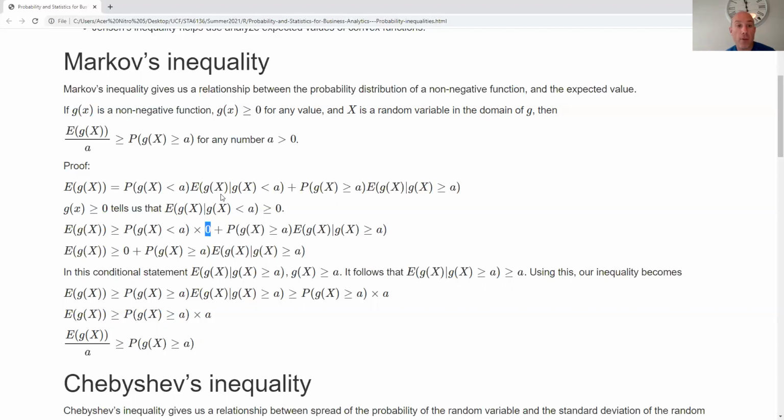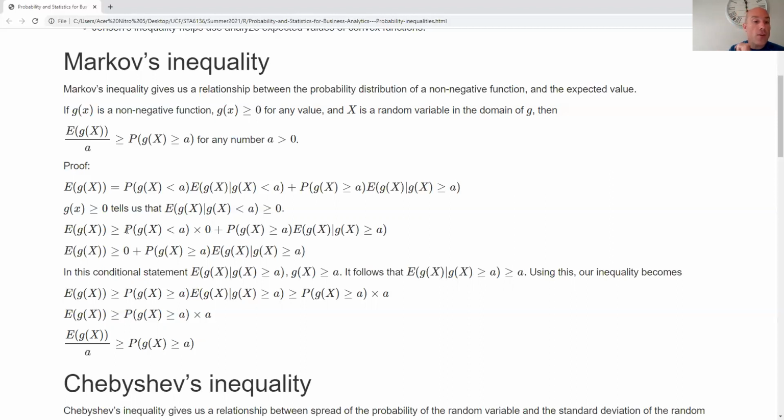Okay, so that tells me that the expected value, so here we have the equal to all this stuff here. I replace this part, therefore everything on the right is less, which means that this has to be greater than what I have here after I've made that substitution with 0. Okay, so now 0 times anything is 0, correct?